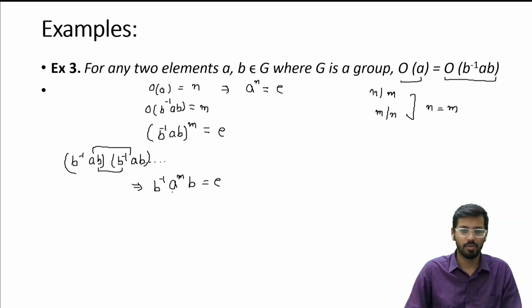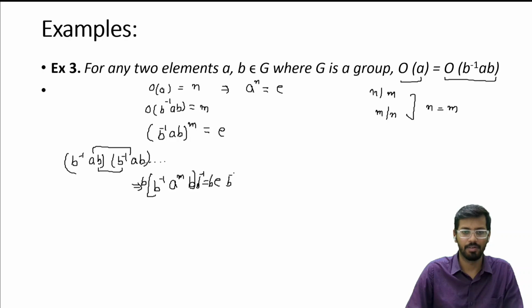Okay, now pre-multiply this equation by B and post multiply by B inverse. Okay, here B and B inverse. So from this we can write A raised to power m is equal to identity element.